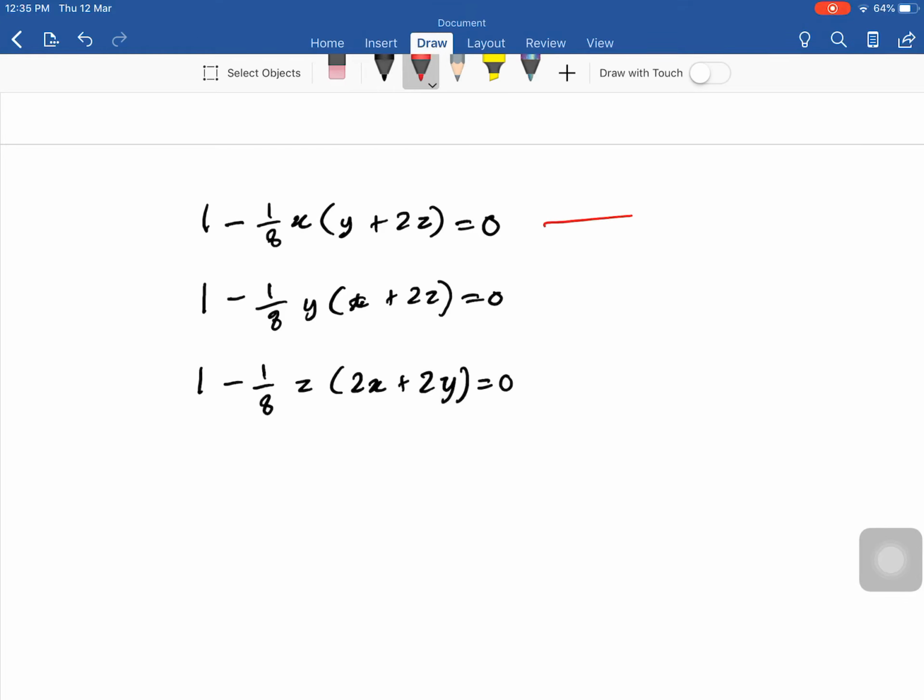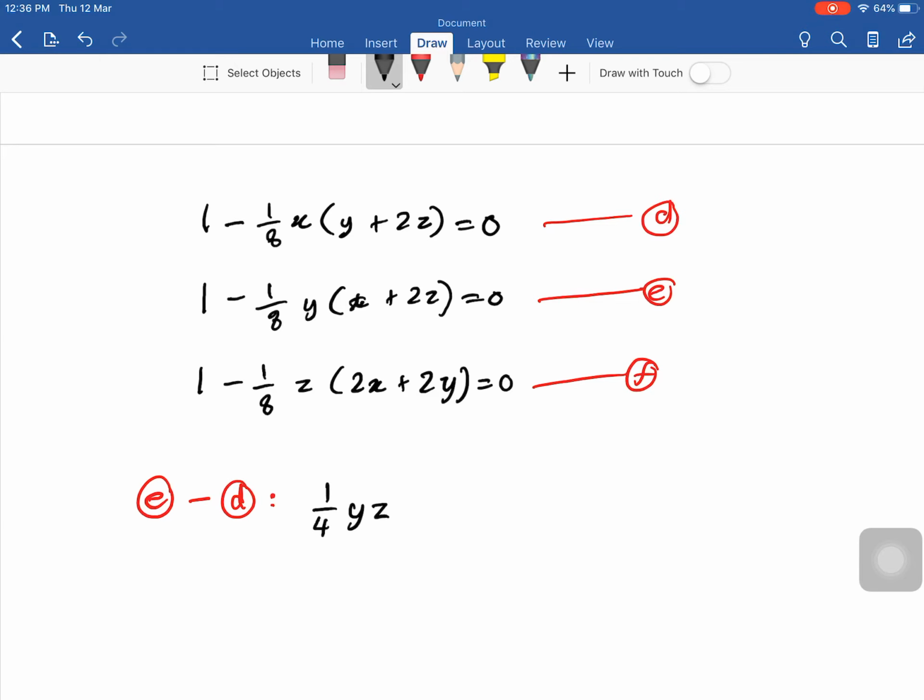So let's say this is D, E, F. Okay. So when we subtract E minus D, okay, what will happen is we can get that 1/4 YZ minus 1/4 XZ equal to 0.